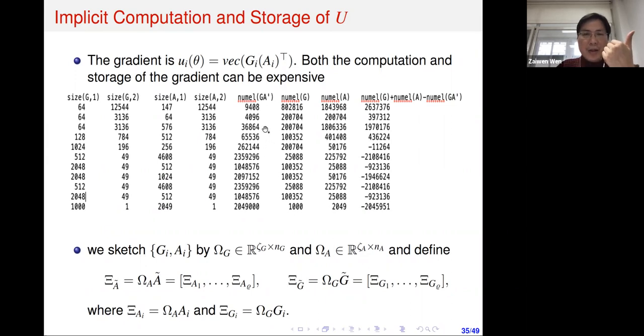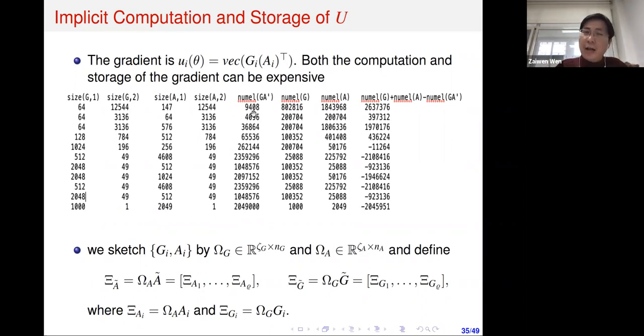On a few names, the dimension of U is much larger than the dimension of G and A. So if we store the gradient explicitly, then we have trouble because the dimension is huge.